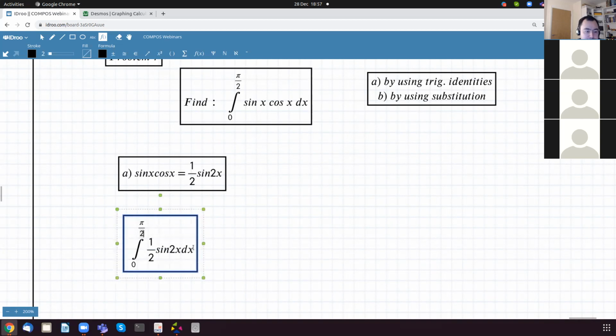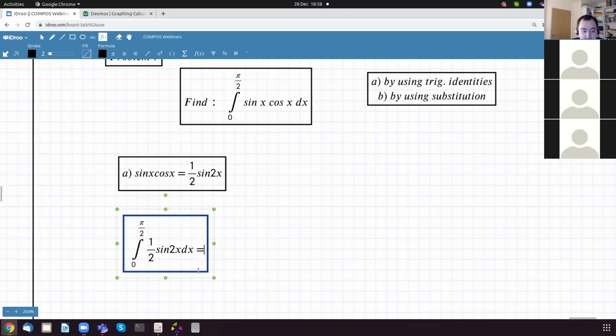Pi over 2. And remember the rule that we have: if we have sine of a linear binomial, so sine 2x, it becomes half cos 2x.